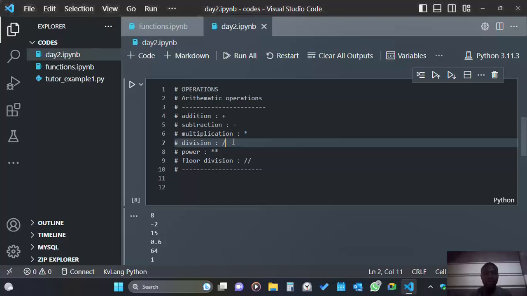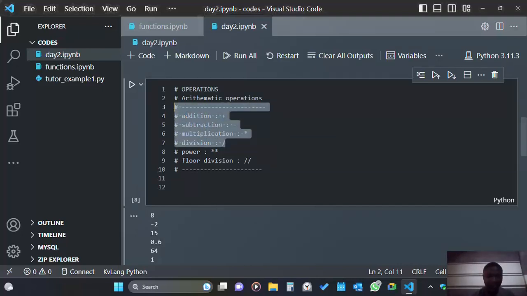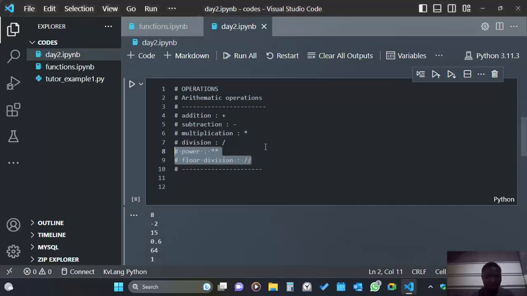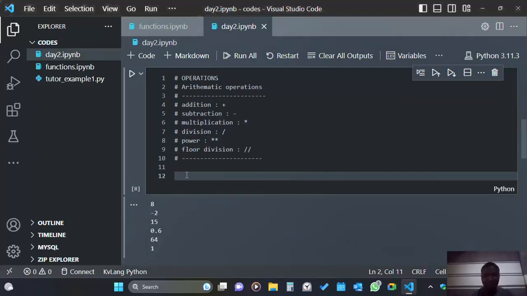So 3/2 means 3 divided by 2. I'm going to explain this first for operations, then later on I'll talk about the next two operations, just to avoid confusion and make it clearer.